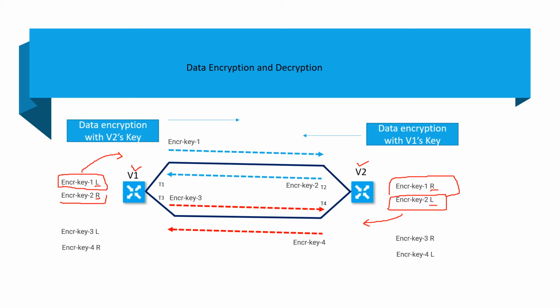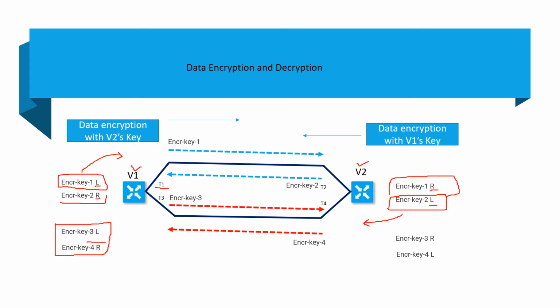Since it is per transport, this is for the T1. A very similar thing is going to happen for T3 and T4 also. For T3, this is key 3, which is locally generated, and this is coming from the remote, very similar to what we have seen for the T1.